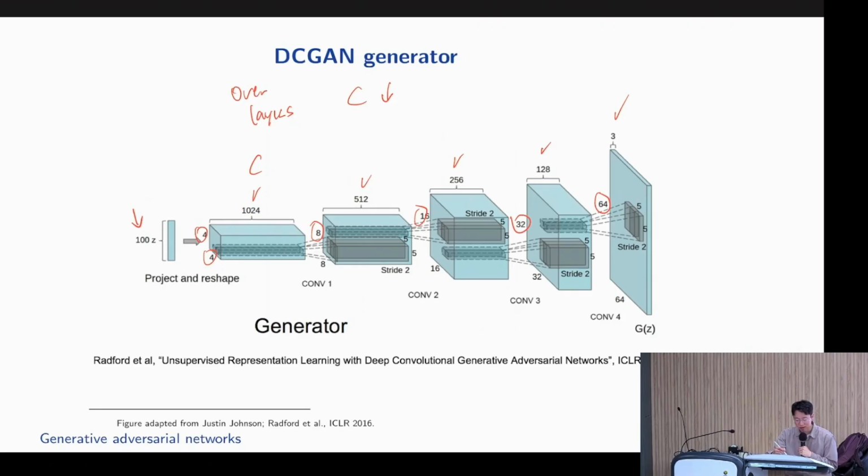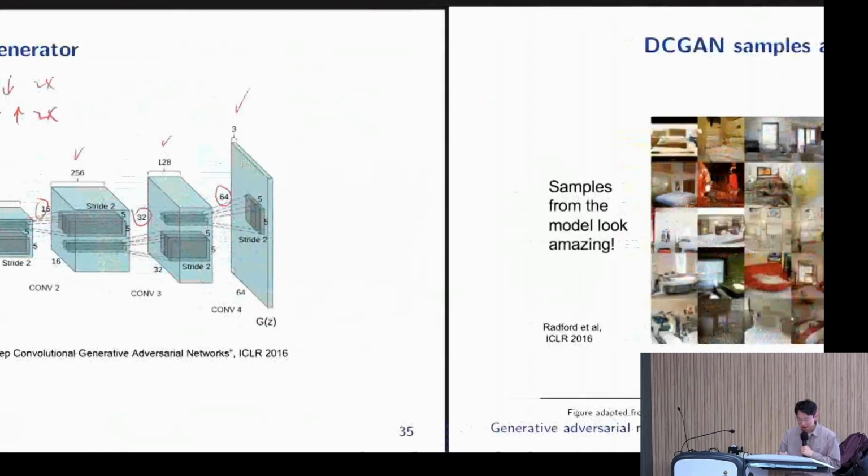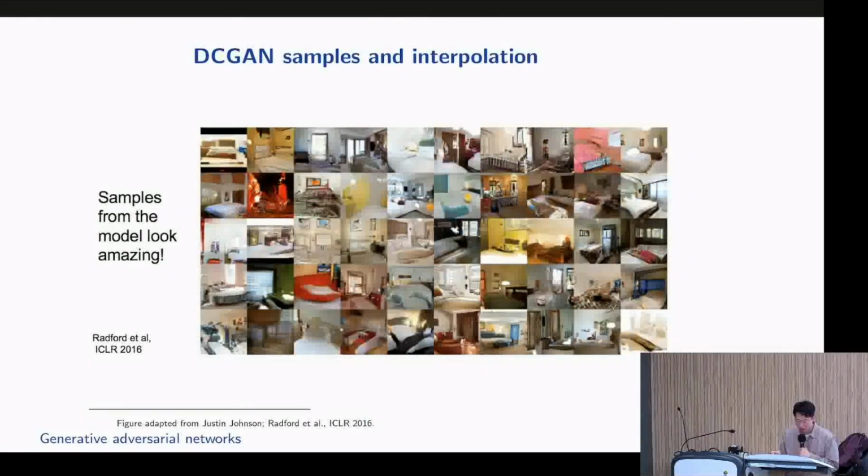Channel size goes down, but height and width increases 2x. This decreased by half to compensate. So this is the generated images for the room interior data set.